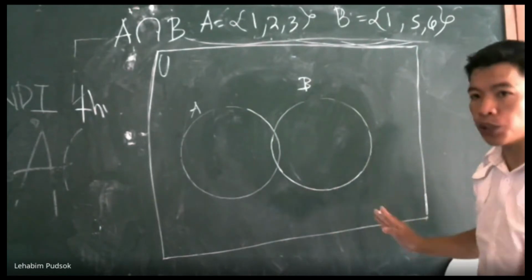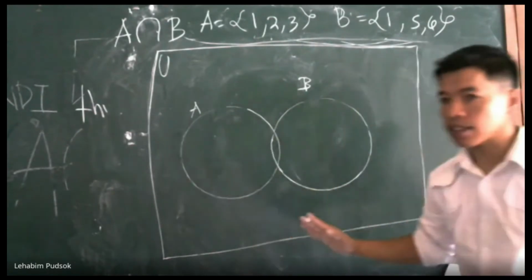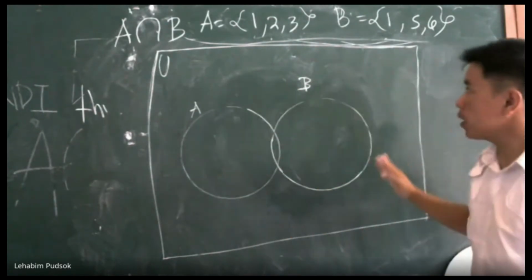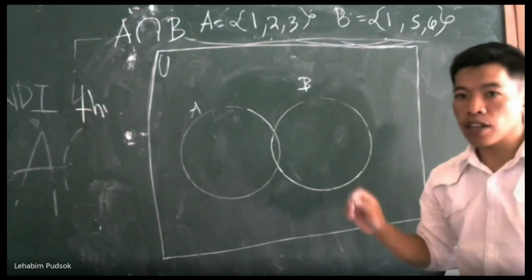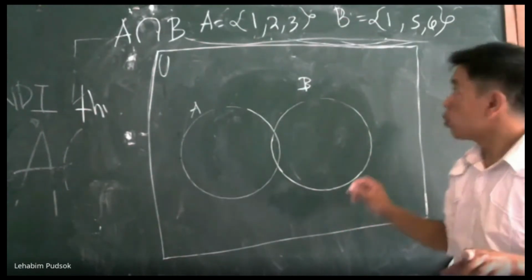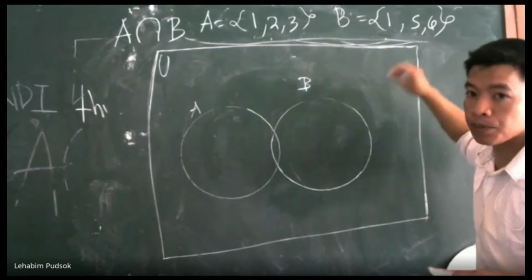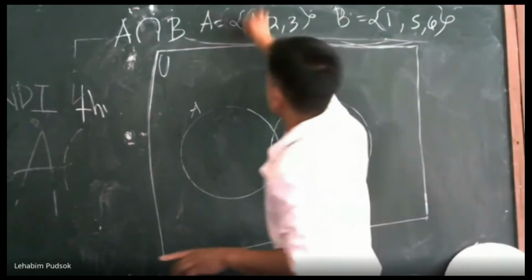So how will you do it? You just connect the two circles, set A and set B, and first get the common element. What is the common element of both sets? We have 1. Very good.